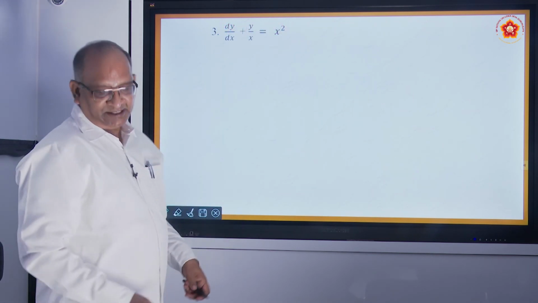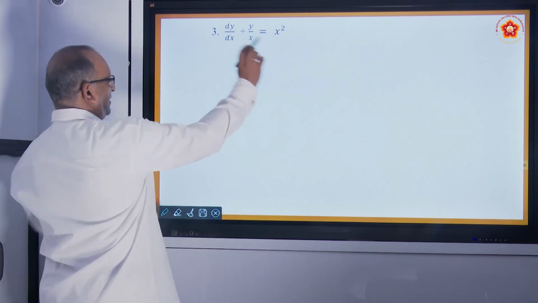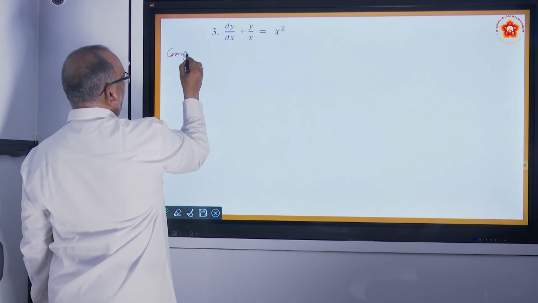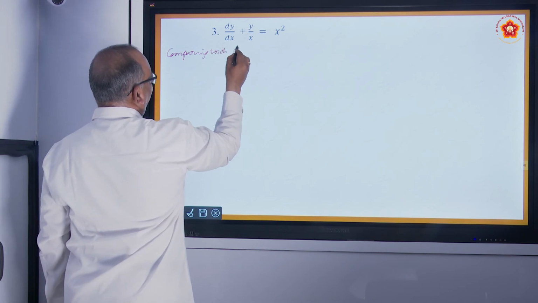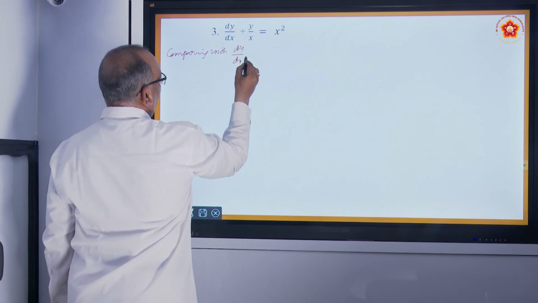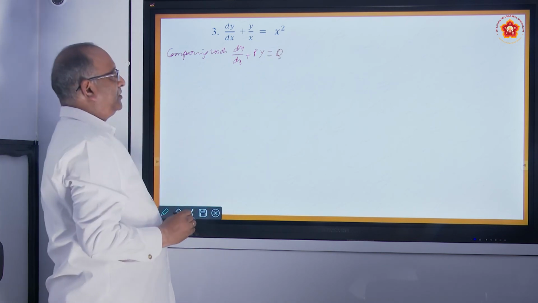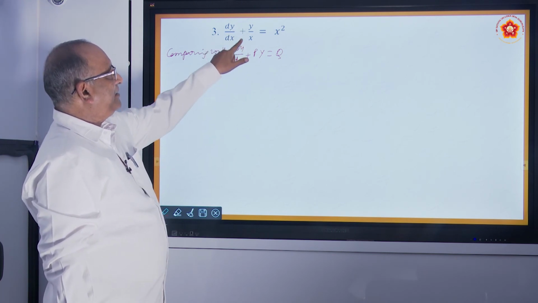Look at this problem. Comparing with dy by dx plus py equal to q, dy by dx is dy by dx. Instead of py, we have 1 by x.